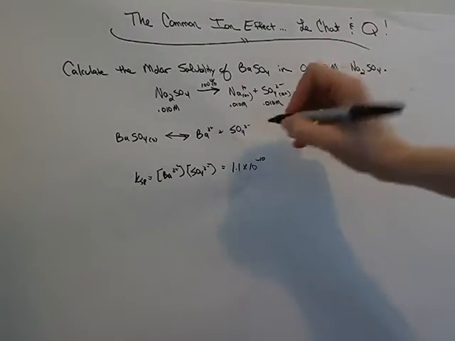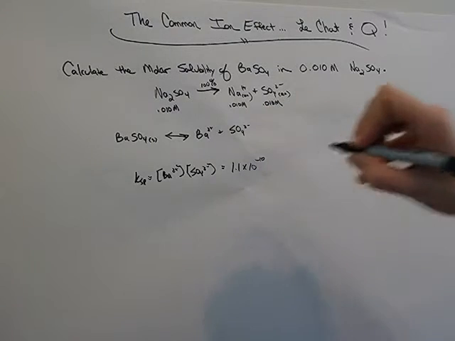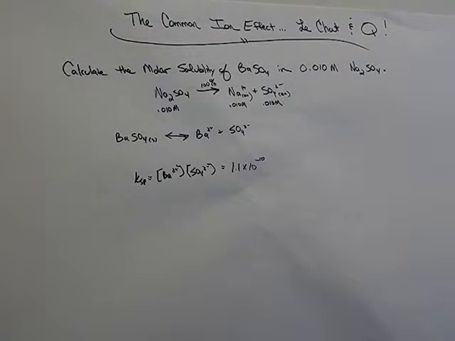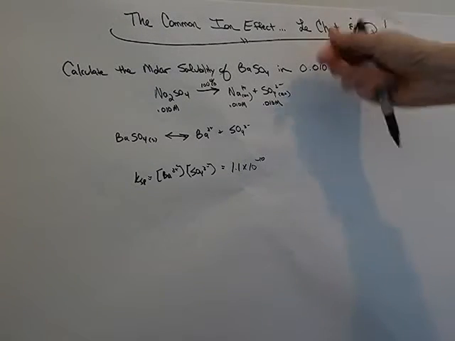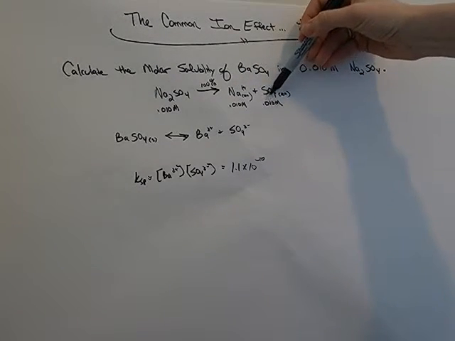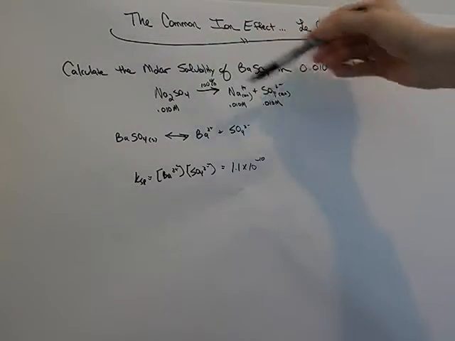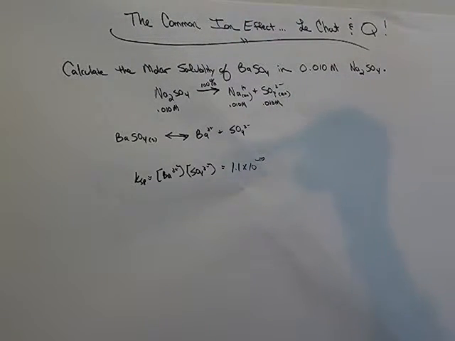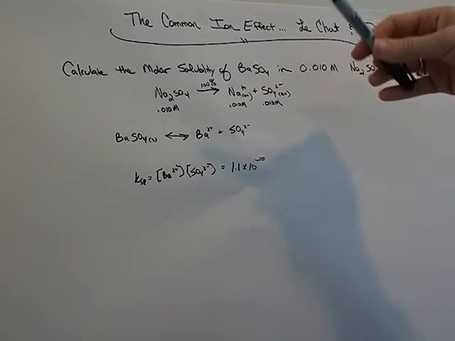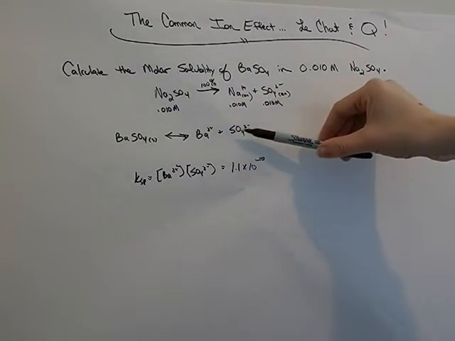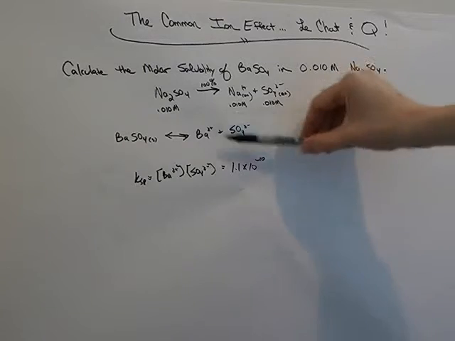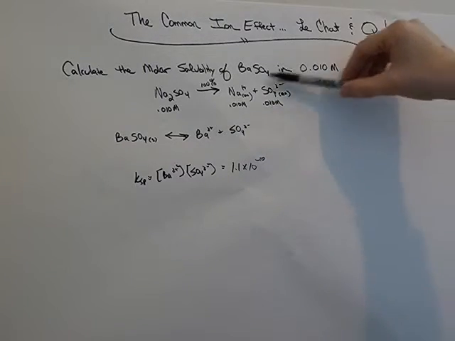So instead of plugging in X for that sulfate, which we know would be a ridiculously tiny concentration, from the last problem, I believe it was 1.0 times 10 to the negative 5th molar. That's ridiculously small. Even if those concentrations added together, with the sodium sulfate's 0.01 molar and the barium sulfate's 0.00001 molar, according to significant figures, the sulfate contributed by the dissociation of the barium sulfate can't touch this concentration.